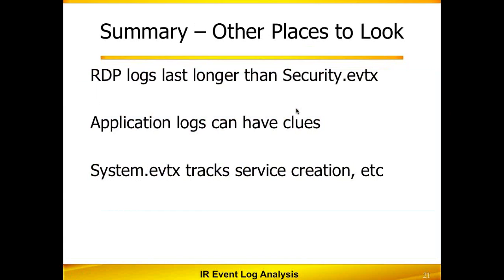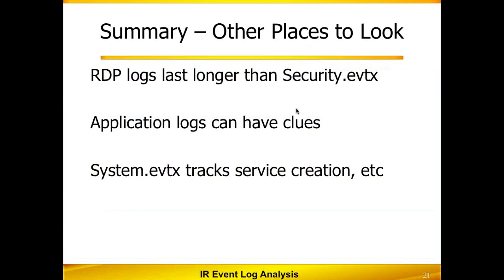If they're using RDP, the terminal services logs last a long time. They go back many months, and you can profile activity far back in time, right? And that's good because you can then see the normal RDP activity into the system, so that when the attackers start RDPing into the box, it stands out like a sore thumb because they're using an account that you've never seen on the box before, or whatever.